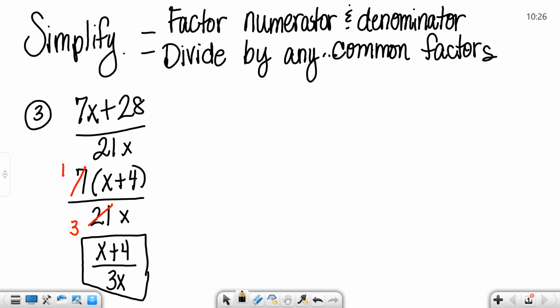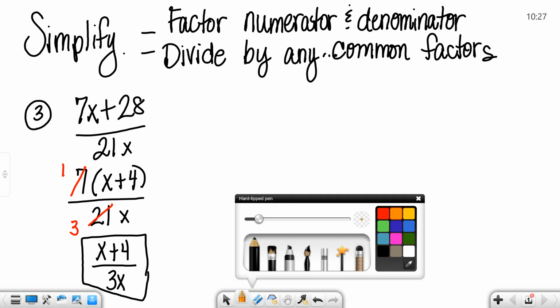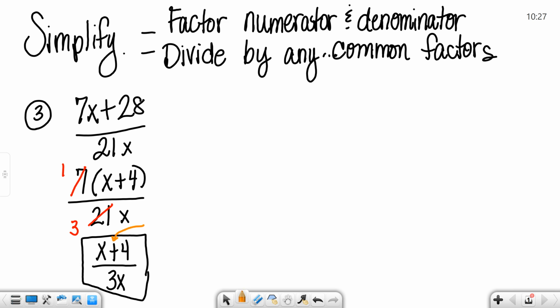Okay, now a common mistake that people make is they want to say, oh, there's an x in the numerator and an x in the denominator, and you cannot simplify those. And the reason you can't is because of this plus right here. All right, that little plus connects the x to the 4. I like to say that they're married. You can't separate them no matter what.